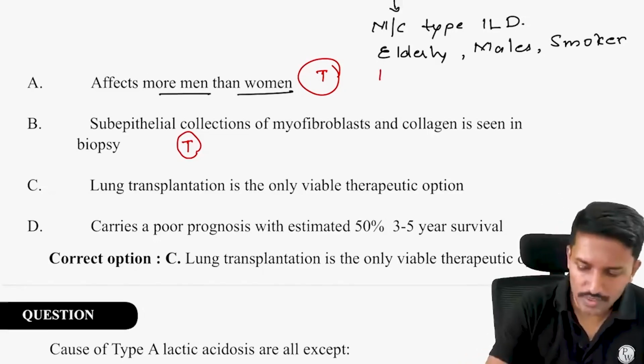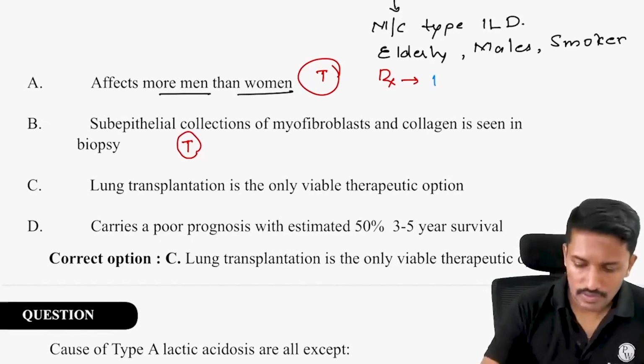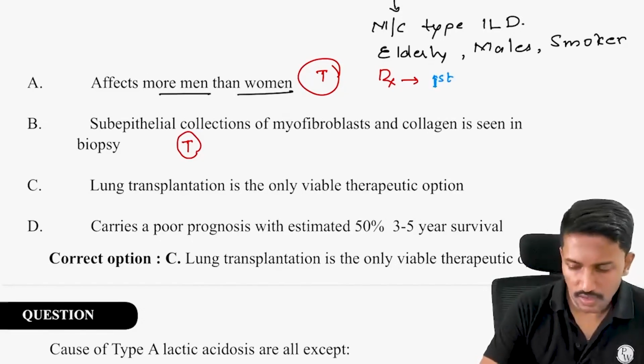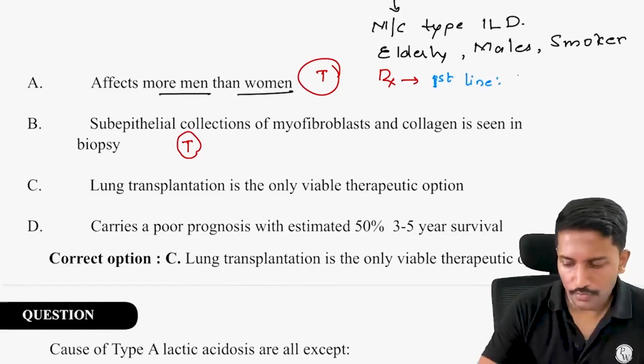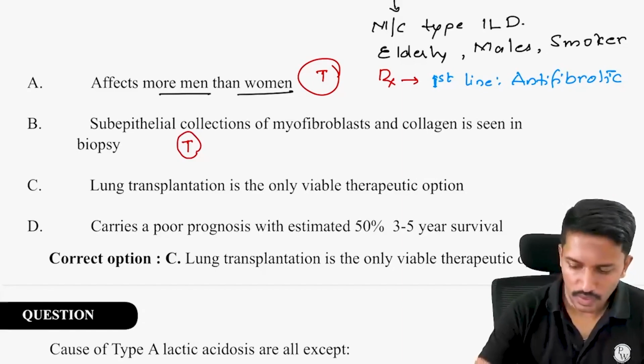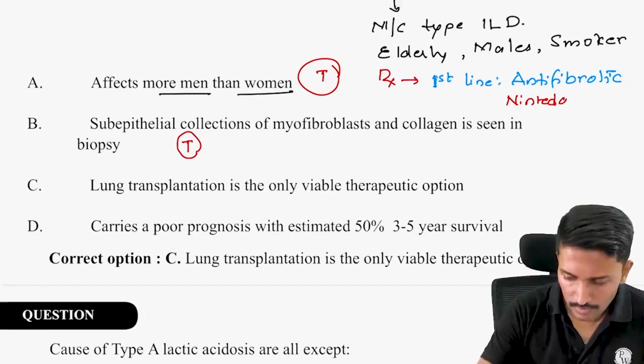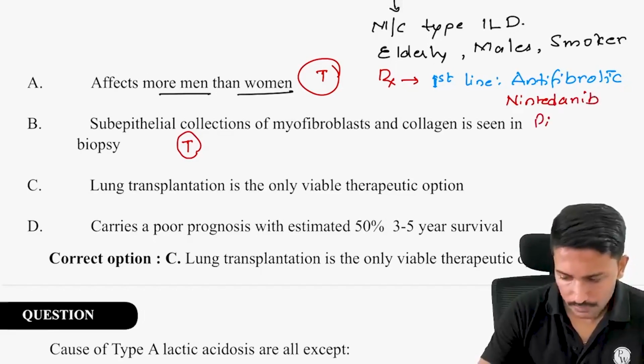No, right? How do we treat a case of idiopathic pulmonary fibrosis? The first line management for these patients is going to be anti-fibrotic agents, right? For example, I can quote nintedanib and pirfenidone.